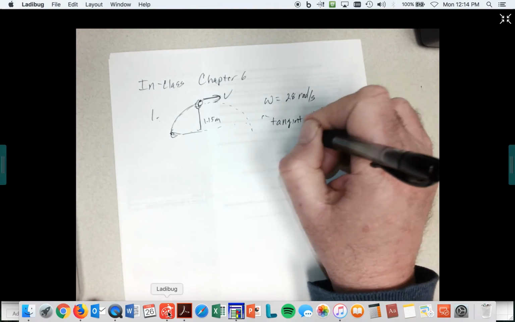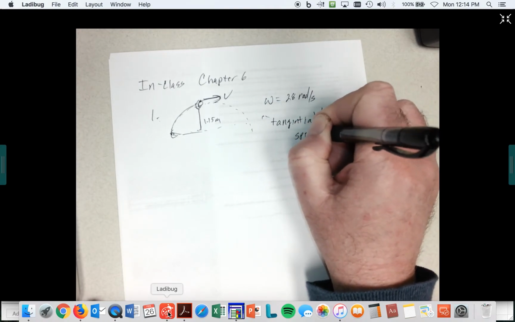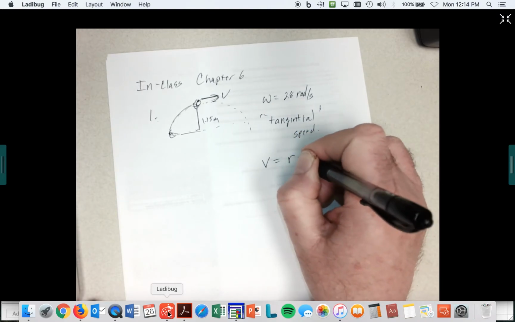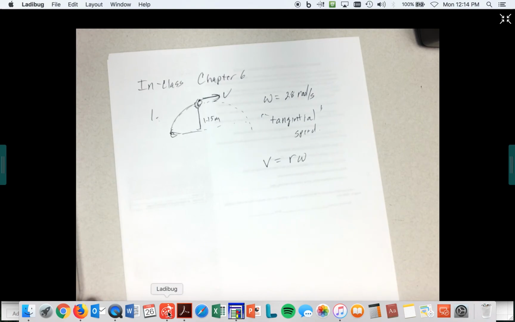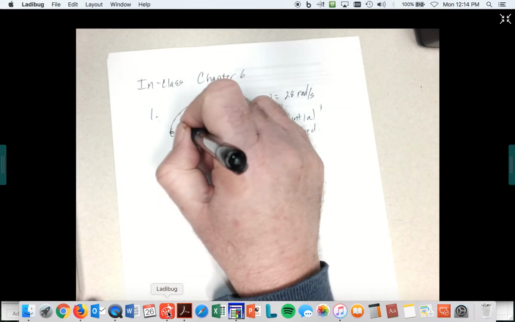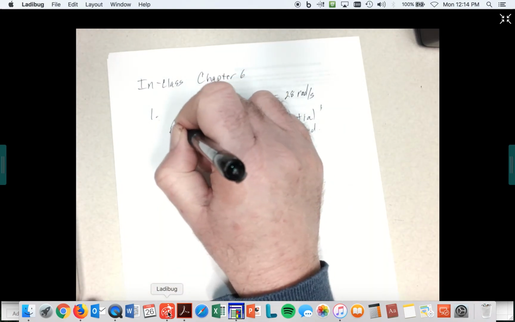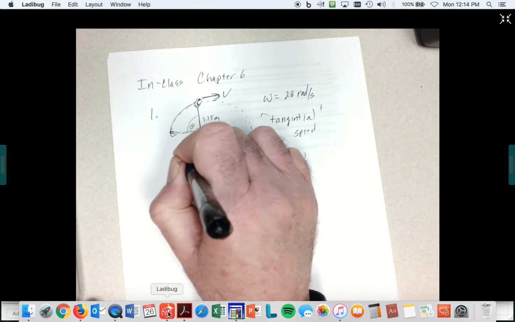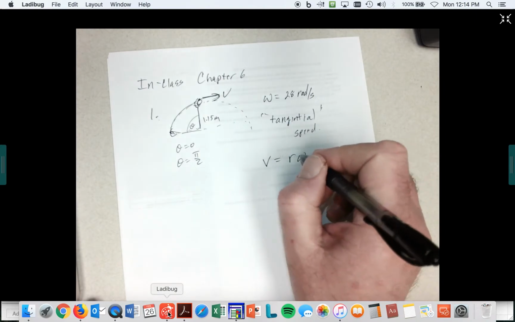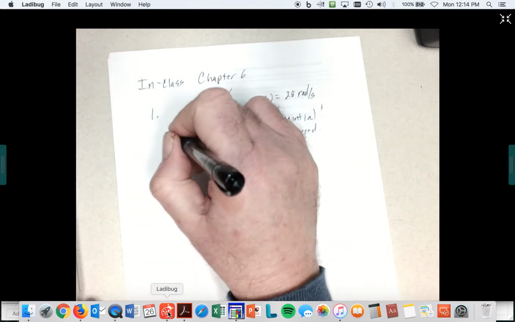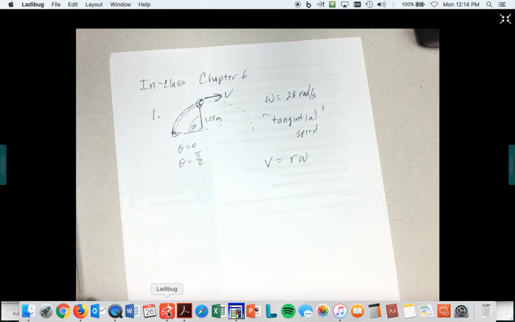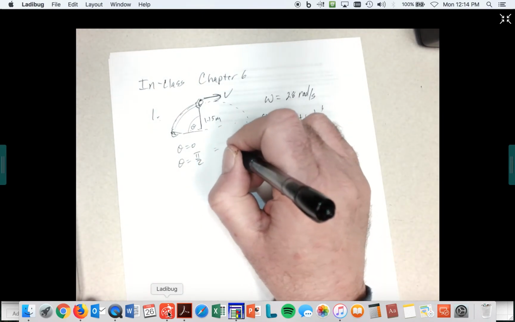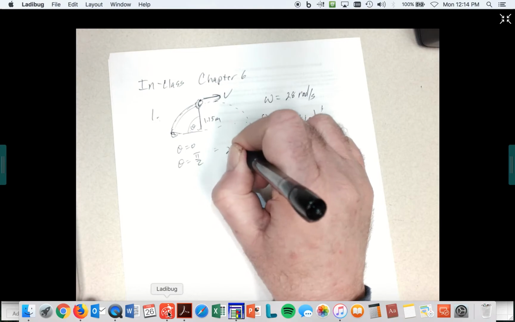Tangential speed, V. This one's great because V is equal to R times omega. The derivation of that: this is the change in angle. The angle was 0, and now it's equal to pi over 2. So it's the change in angle over the change in time that it took to get up there, and that is equal to 28 radians per second.